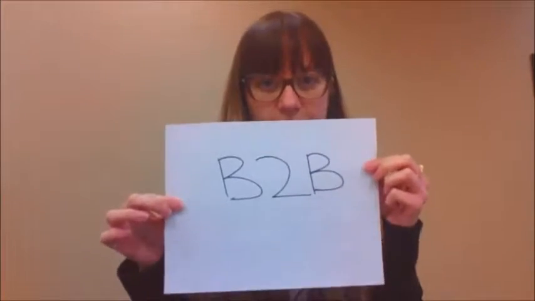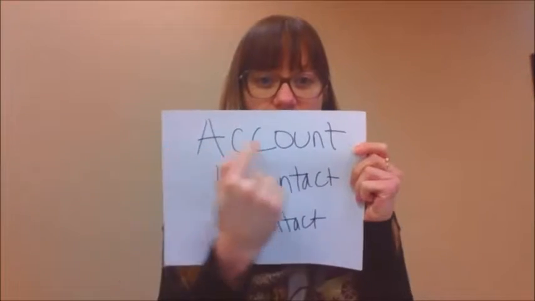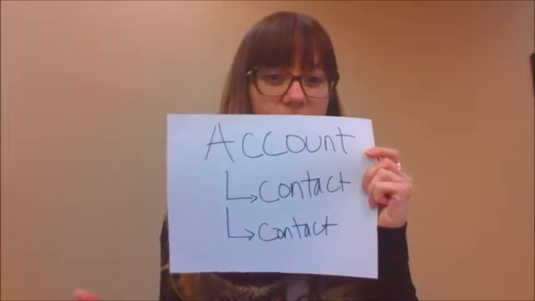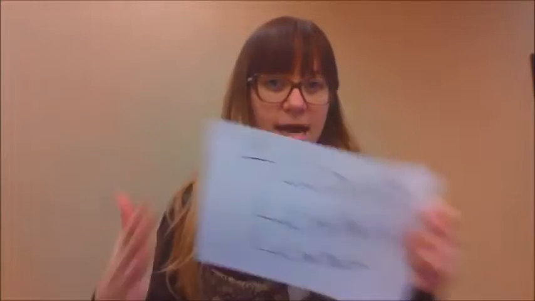The issue we're running into is that Salesforce assumes that every single contact and account is a B2B record. What that means is Salesforce has an account, and then it has a contact, and you can have another contact if you need to, as many as you want, but they all relate back to this account.